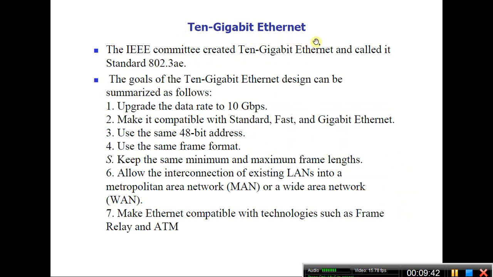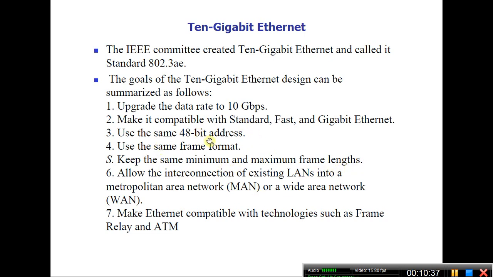10 gigabit Ethernet. The IEEE committee created 10 gigabit Ethernet, and its standard is called 802.3ae. The goals of 10 gigabit Ethernet design can be summarized as follows: upgrade the data rate to 10 Gbps, make it compatible with standard, fast and gigabit Ethernet, use the same 48-bit address, use the same frame format, and keep the same minimum and maximum frame length.